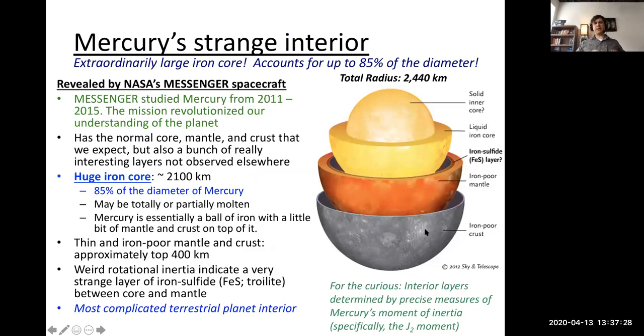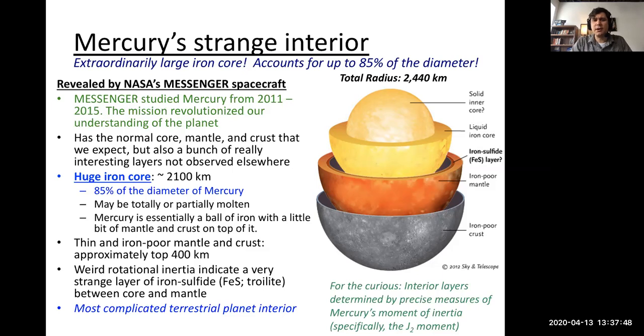All right, so that's it for the major surface features I wanted to highlight on Mercury. I want to talk about Mercury's interior. Prior to the Mercury Messenger mission, which studied Mercury from 2011 to 2015 and absolutely revolutionized our knowledge of the planet, we thought that the interior of Mercury was pretty bland.